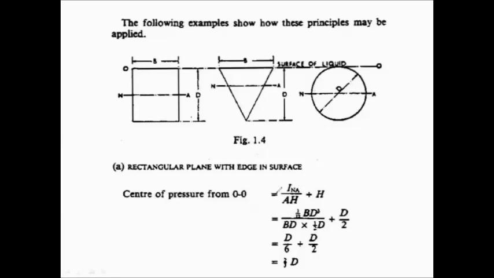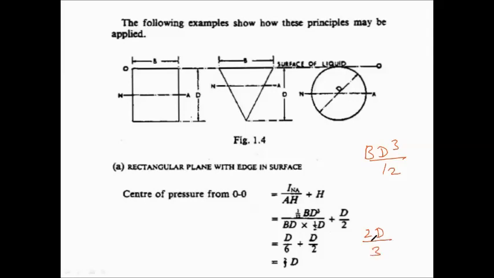For the rectangle, I NA will be B D cube by 12, divided by the area of the rectangle, which is B D. The centroid of the rectangle from the free surface will be D by 2, so this will be H equals D by 2. If you substitute that, you will get the center of pressure for the rectangular plane as 2D by 3.